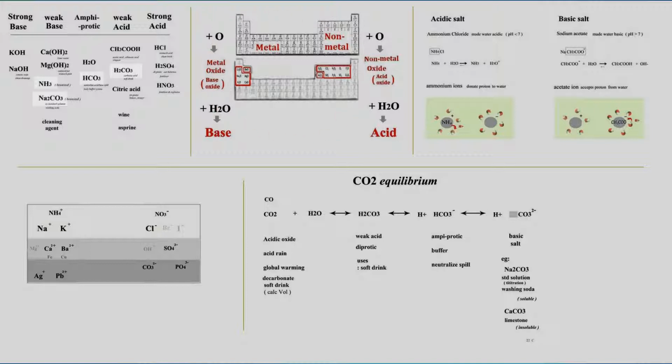Metal reacts with oxygen to form metal oxide. Calcium with oxygen forms calcium oxide. Carbon with oxygen forms carbon dioxide. When you add water, they form base and acid, as in this Solvay process.